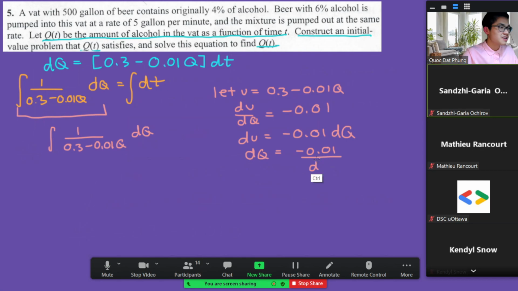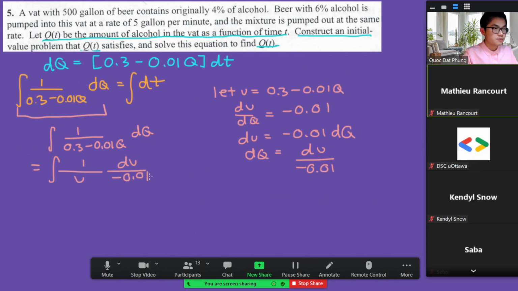Oh, actually, what am I doing here? This is du over negative 0.01. Okay. Since this is a constant, we can move it to the front.